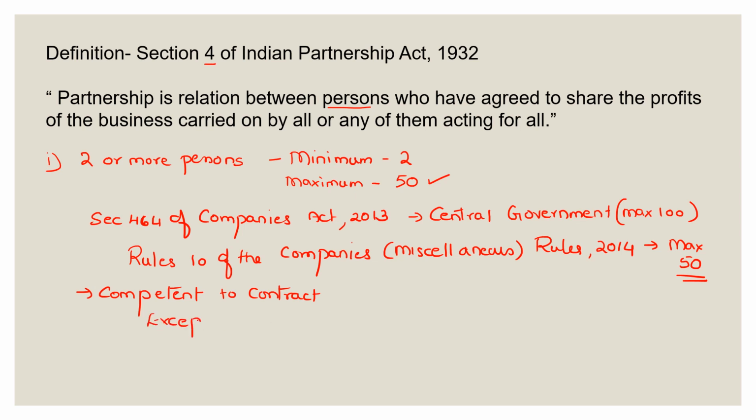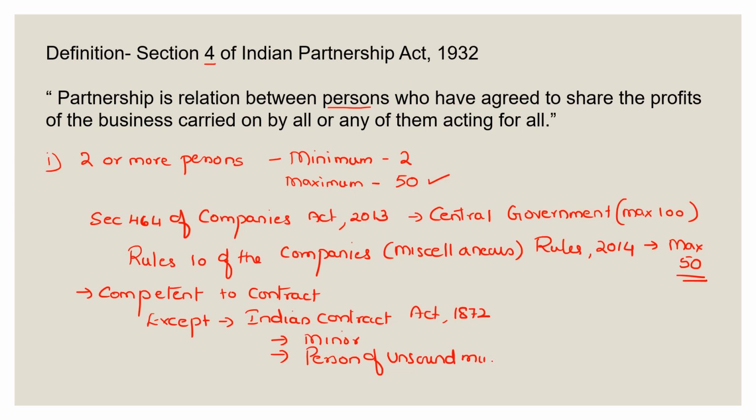So what is the exception given there under the Indian Contract Act? The Indian Contract Act of 1872 has given the exception that a minor, a person of unsound mind, and a person who is disqualified under any law, these are the people who are not eligible to enter into contract.